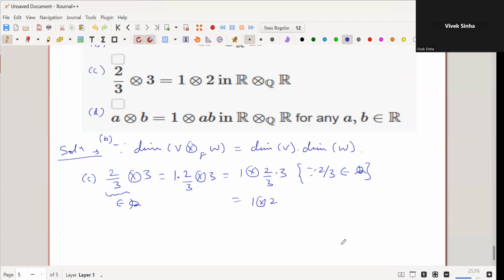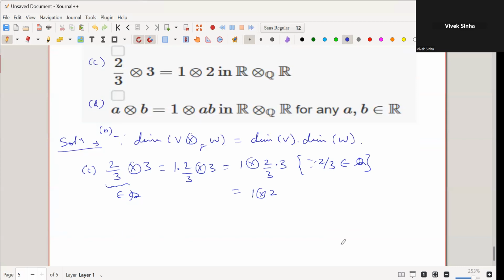But what about the next part? Here you can't do that because it is saying for any a, b belonging to R. If a and b belong to Q, rational, yes, but if irrational, then it will be a problem. Let's say a is e, the exponential, and b is pi.